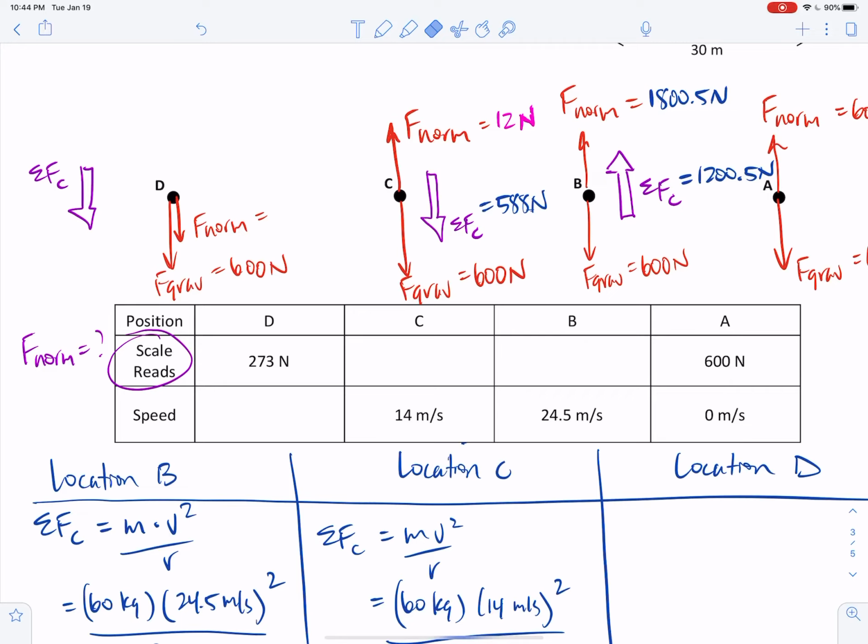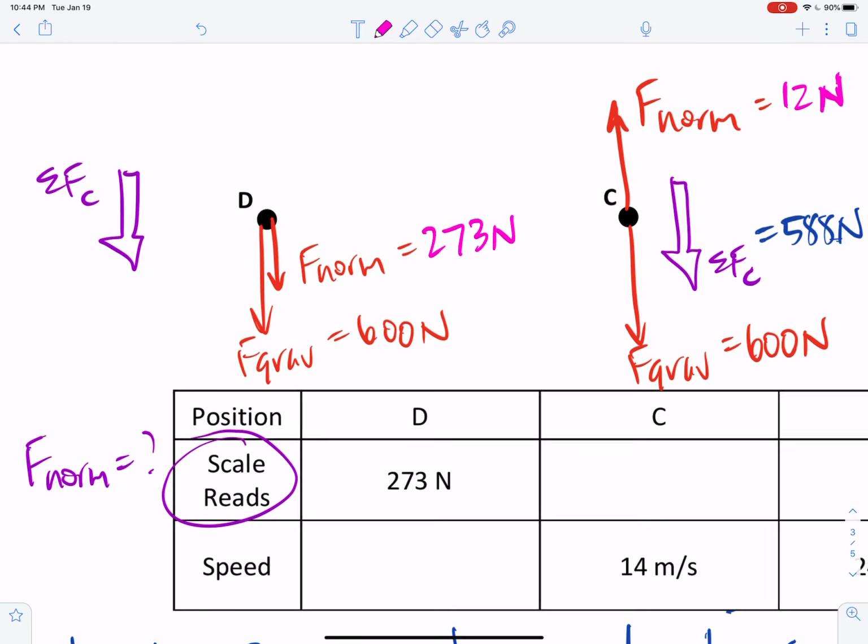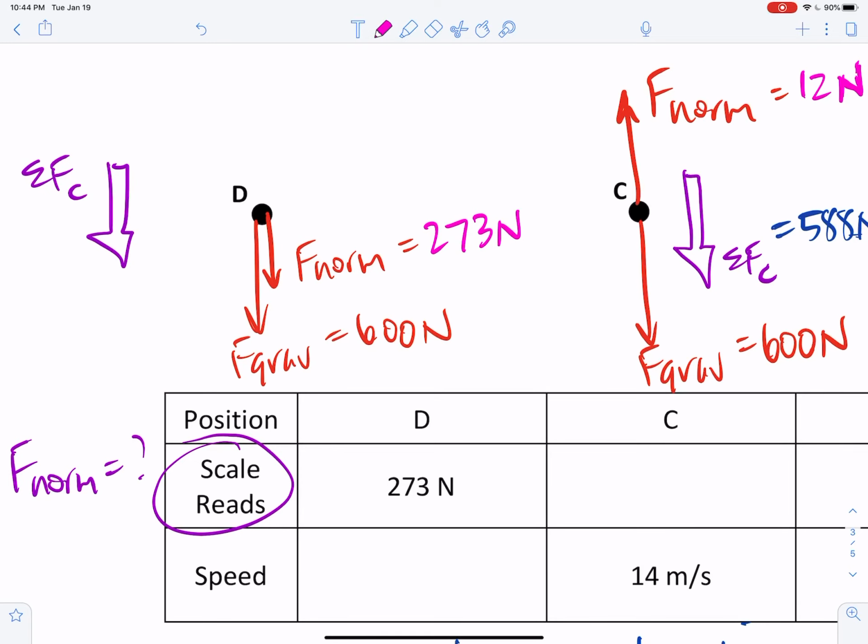This is going to be 273 newtons, okay? So just by looking at it, I can say, okay, well, 273 down and 600 down is going to be equal to 873 down, right? The sum of the forces in the centripetal direction will just be those two added up, right?